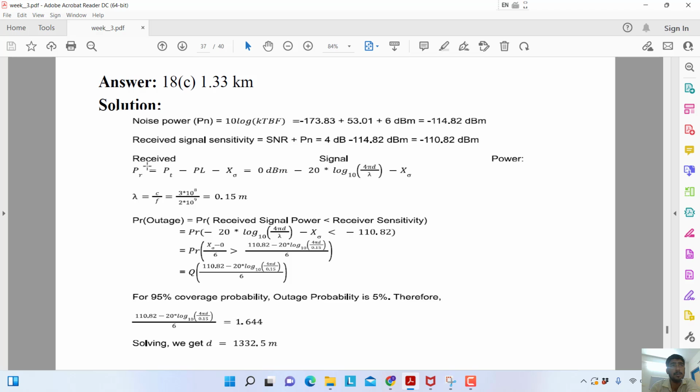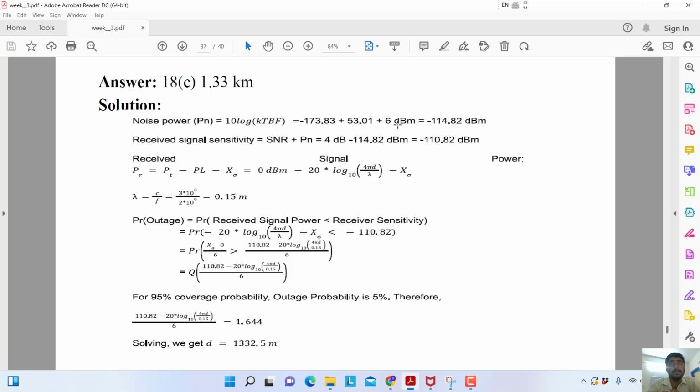So calculate the receive power. Firstly, we will calculate the receive power. Received power in the case of log normal shadowing is the transmitted power, minus path loss, and log normal shadowing. For that, firstly we will calculate the noise power. kTB is given; just putting the value, we get minus 114.8 dBm.